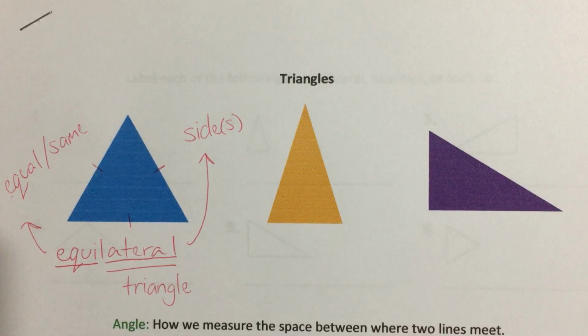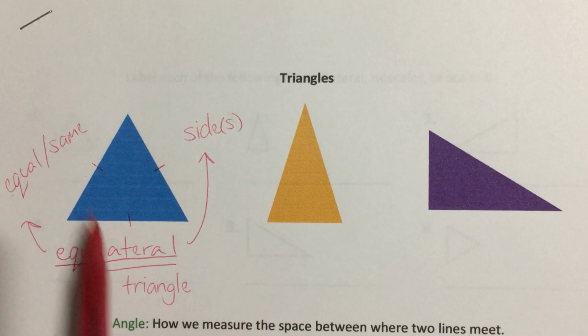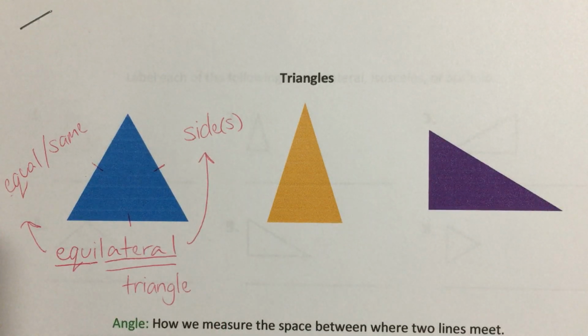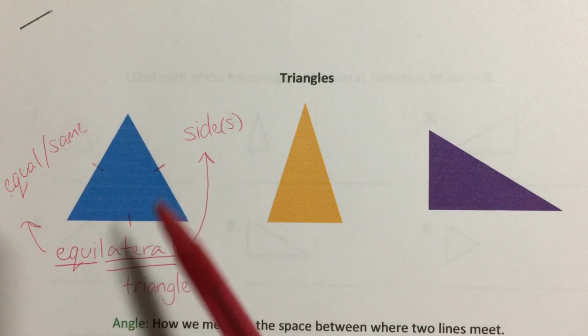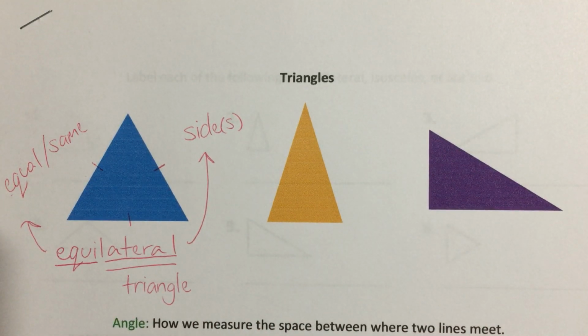So if we break that down, equa meaning equal or the same, and lateral meaning side or sides, all that big word equilateral means is that it has equal sides, same length sides. Breaking it down into the roots makes it a lot easier to understand. So that's an equilateral triangle. All three sides are the same length.